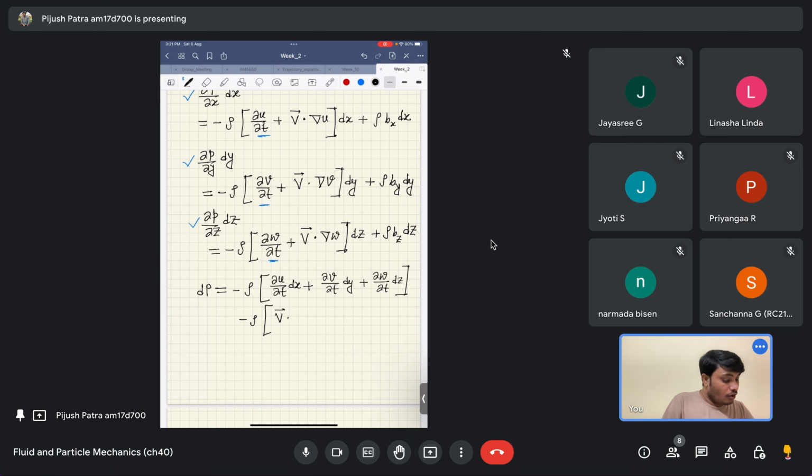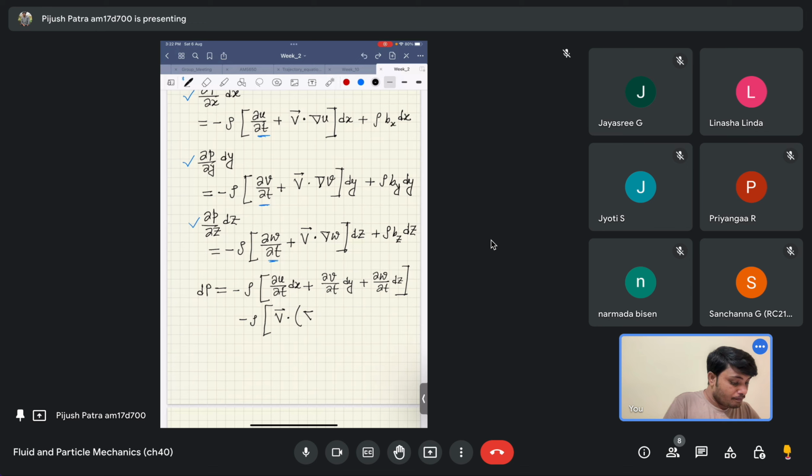So if I sum all of this, what will that be? Can someone tell me? It will be v dotted with the gradient of u plus gradient of v plus gradient of w. But there are dx, dy and dz terms separately, so I can write it in this way.